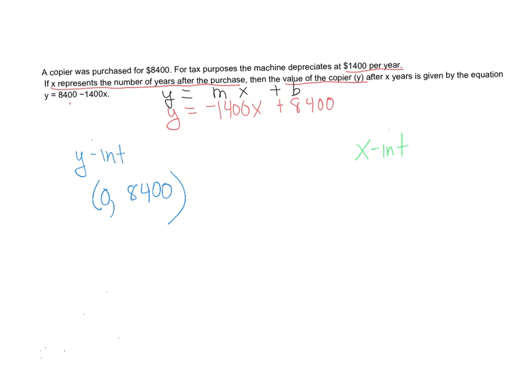Now, think about what the x and the y in the problem represent, and let's actually explain what this means in the problem. In our problem, we were told that the x value represented the time after it was purchased, and that the y value represents the value of the copier.